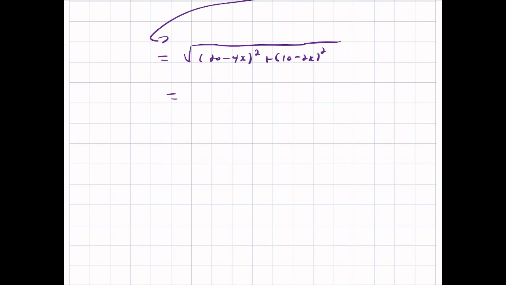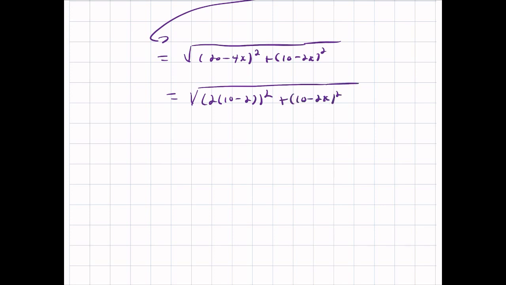I could factor out a 4 from the 20 and the 4x, but actually I just want to factor out a 2. The reason is so I can be a little bit sneaky and say that this is 2 times 10 minus 2x squared plus 10 minus 2x squared.